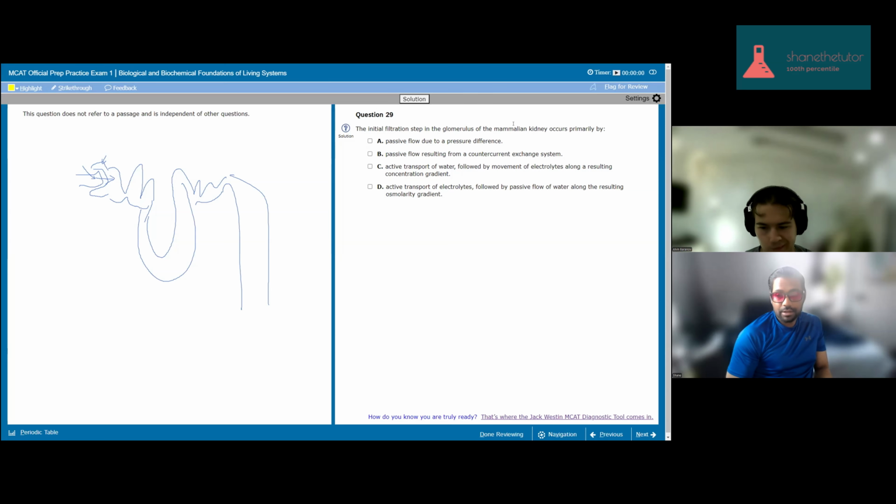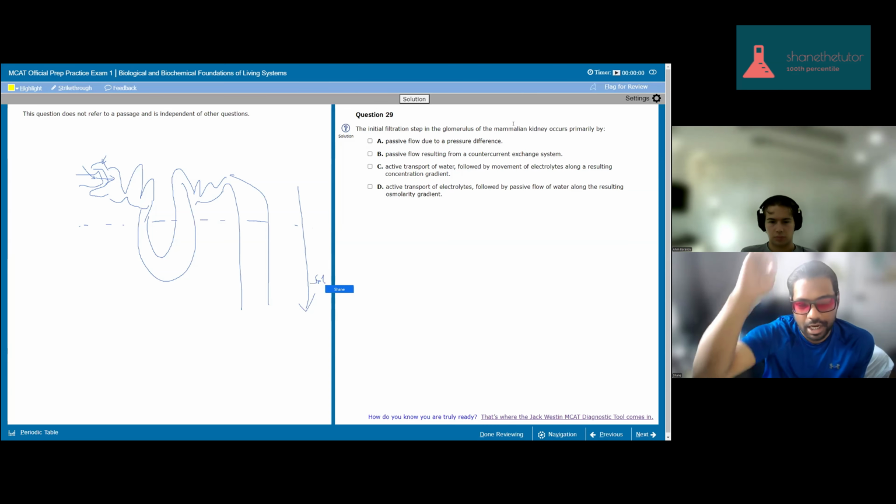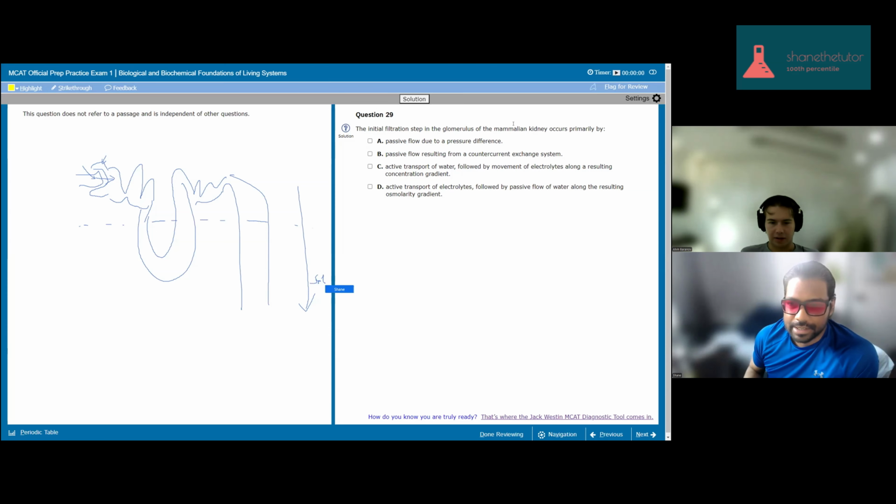Well, yeah, small things. But throughout the nephron, solute concentration goes up as you go down, so you'll see things happening because of that osmolarity.